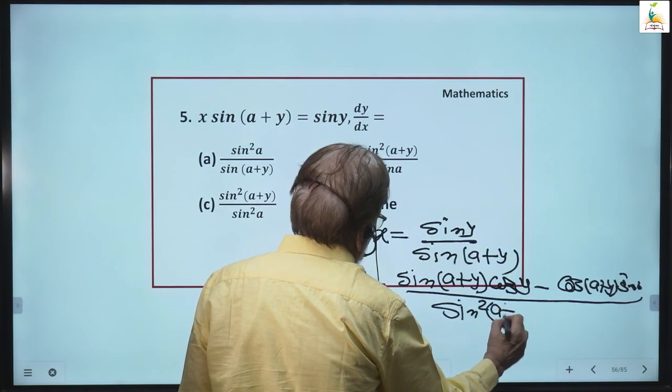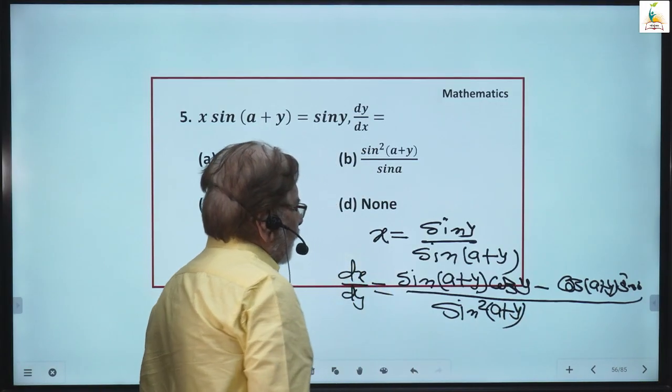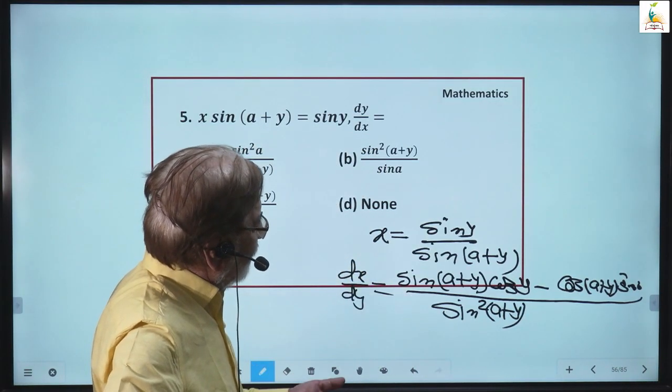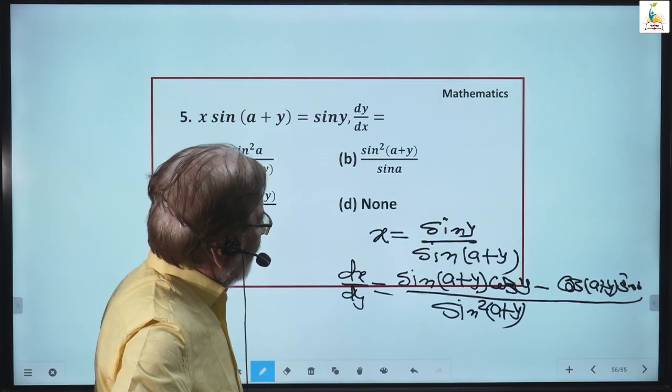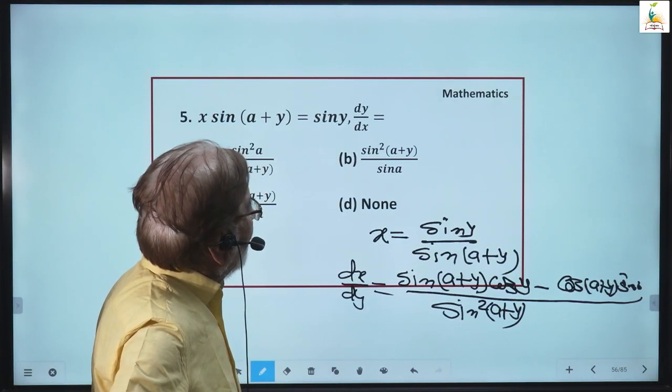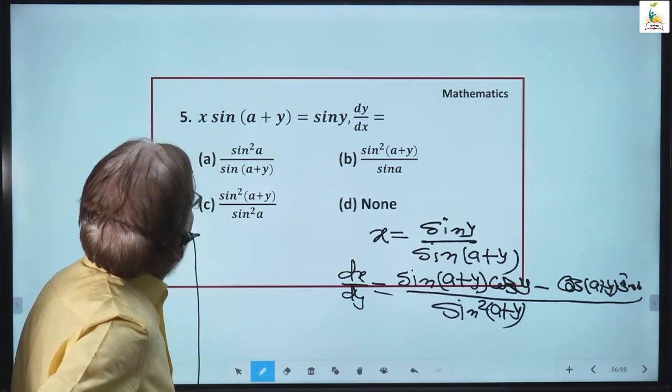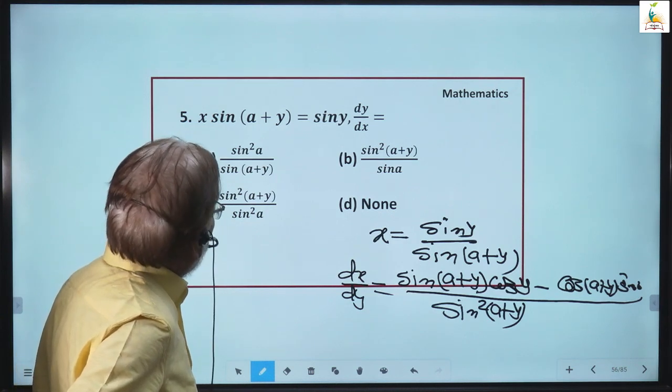So dx upon dy: sin a cos b minus cos a sin b is sin of (a minus b). So this will be sin a upon sin square(a plus y).